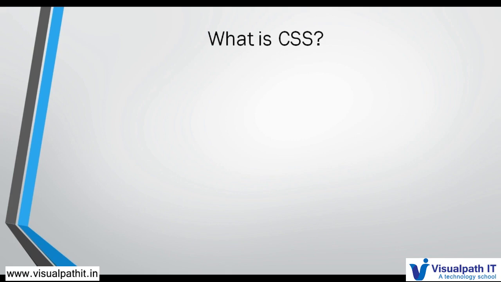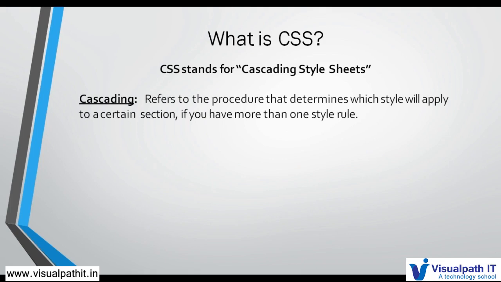Now see on the screen, what is CSS? For this question everyone has different answers. But in this, we'll see the main standard of what CSS stands for. Everyone knows that CSS stands for Cascading Style Sheets. Let's understand what cascading means.